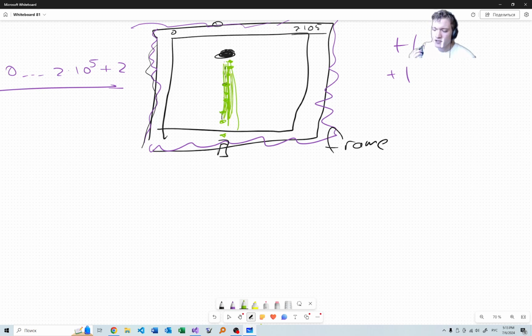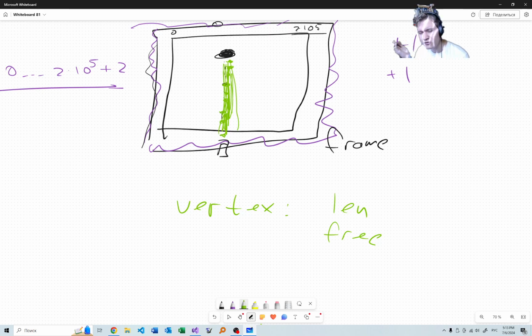Firstly, a vertex has a length, which is the number of points in it. Secondly, it can be free or not free, which is: is it true that from it you can reach the frame? Also, two vertices can be adjacent.